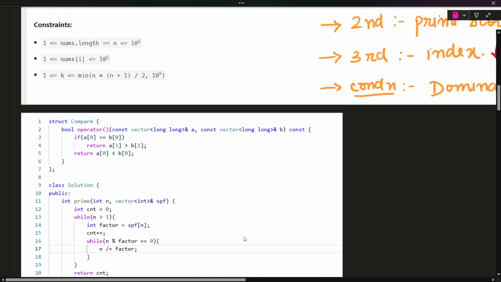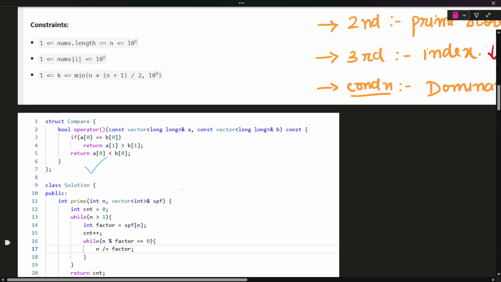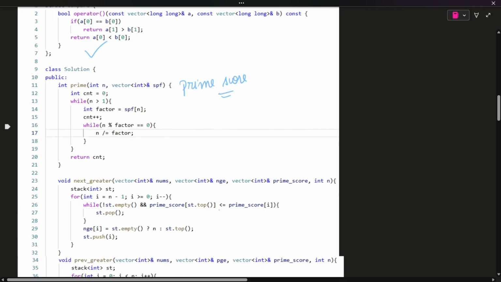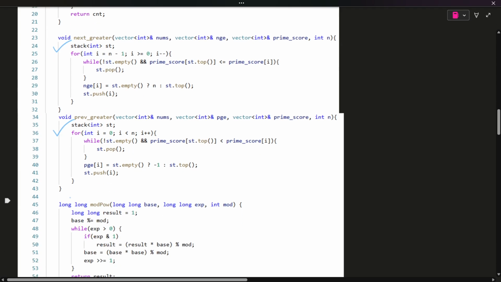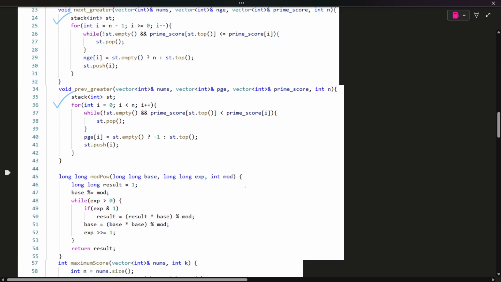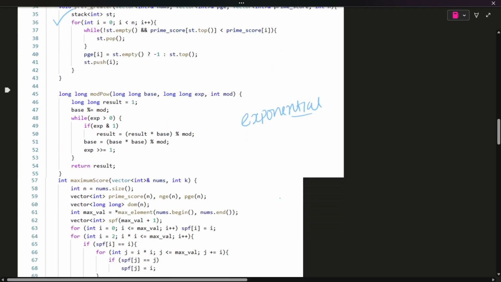Here we have a custom comparator, right? This one checks the prime score. Okay, the code will be in the description, so you can check it out. This will be the prime score, right? And there we have a next greater function, there's a previous greater function, we have a mod for exponential to calculate the result.